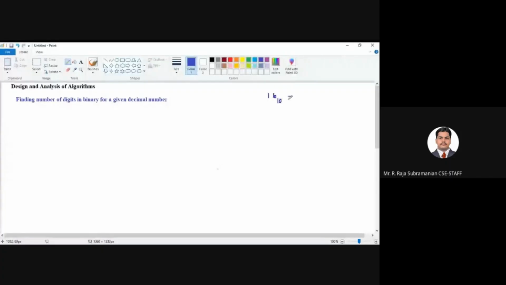So if we want to convert this decimal into binary, I'll go for the division method, that is, dividing only by 2, right? So 2 into 8, and my remainder will be 0.